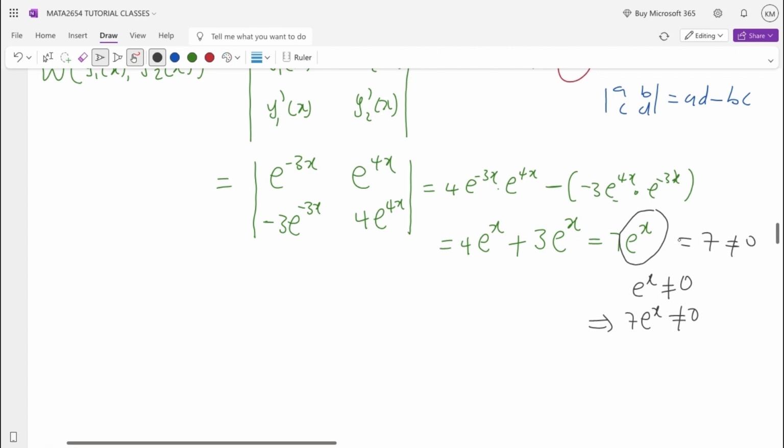Then we know that if our Wronskian determinant is not equal to 0, what do we say? We see that W of y1 of x, y2 of x is equal to 7e to the x, which cannot be equal to 0. This implies our functions, our solutions, are linearly independent.